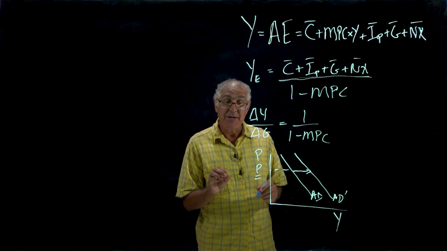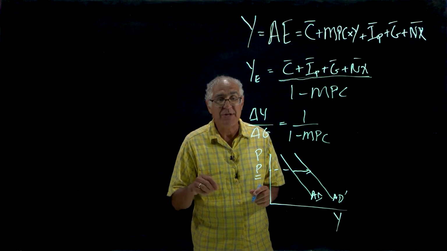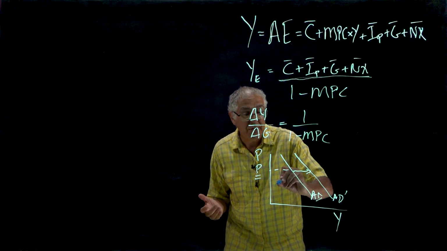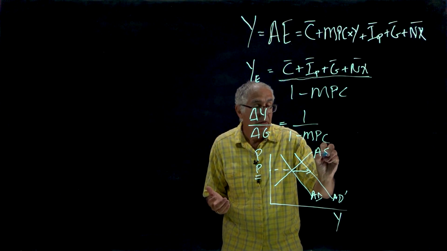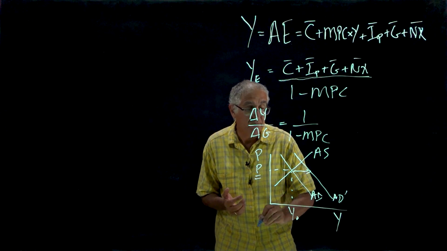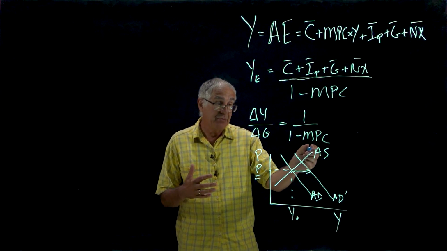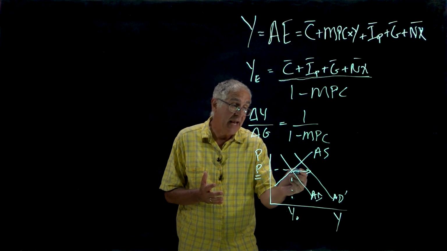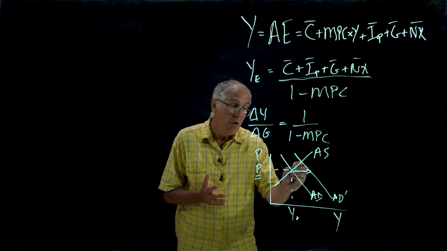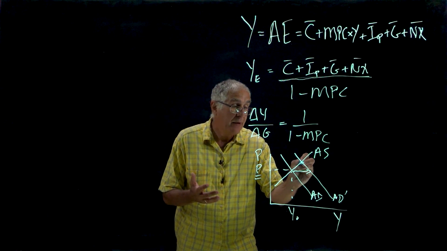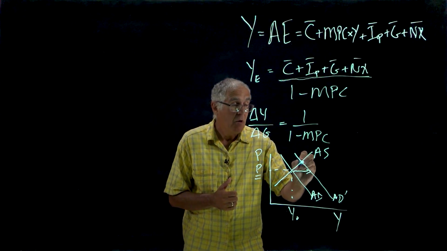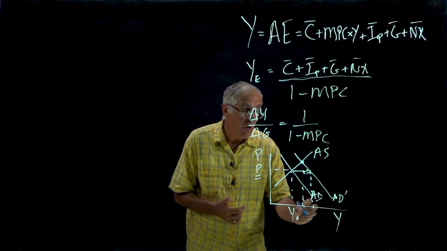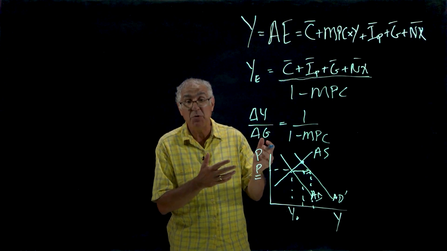The actual change in the equilibrium level of income is less than that. You know, why would that be? Because if the initial equilibrium level, put down y sub 0 for that, was at this point where aggregate supply and aggregate demand intersected one another, then that shift in the aggregate demand curve would establish the new equilibrium point at this point, okay, which is a smaller increase in the equilibrium level of income than would be predicted by the simple multiplier itself.